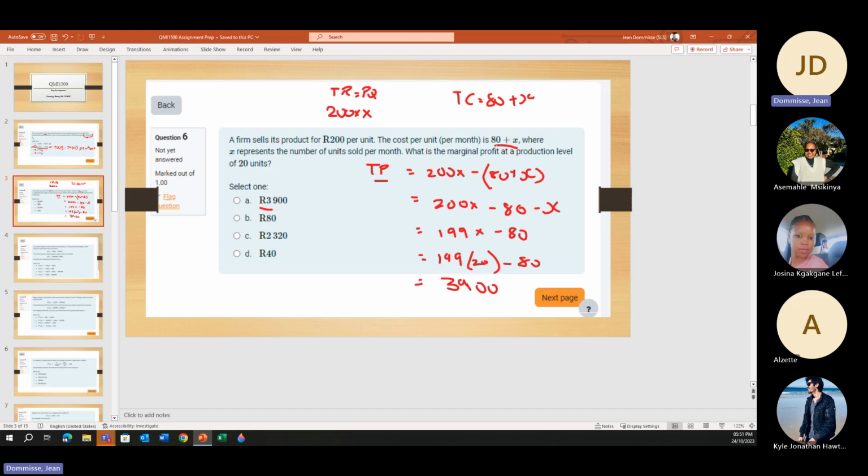Okay, any answers that I can eliminate because it was wrong?